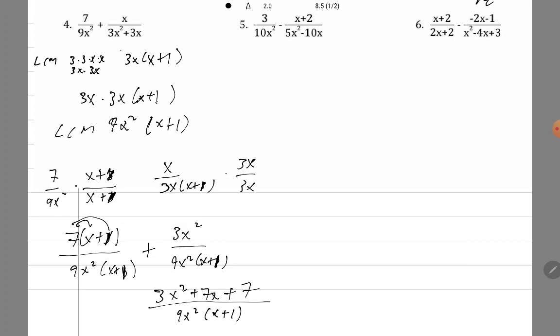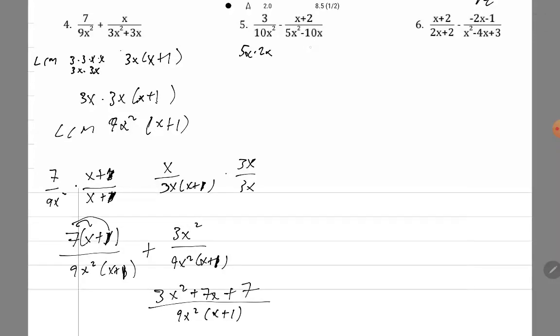Alright, number 5. Okay. So let's factor this. So the bottom of the first one, we could have 5x and 2x.